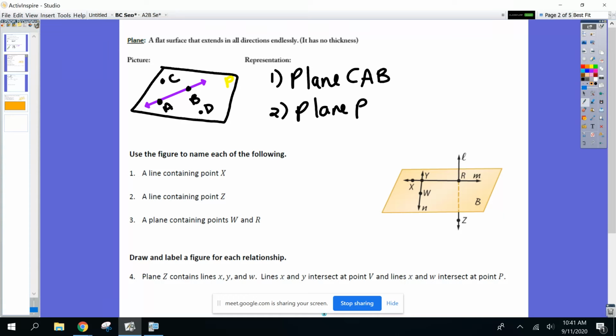Okay, here we go. Let's see if we understand what's going on. Let's test ourselves. First thing I just want to go through here is everyone just focus. You see this part right here? Why did they put a dashed line there? Here's why. When they put a dashed line, that means that line is going through the plane.